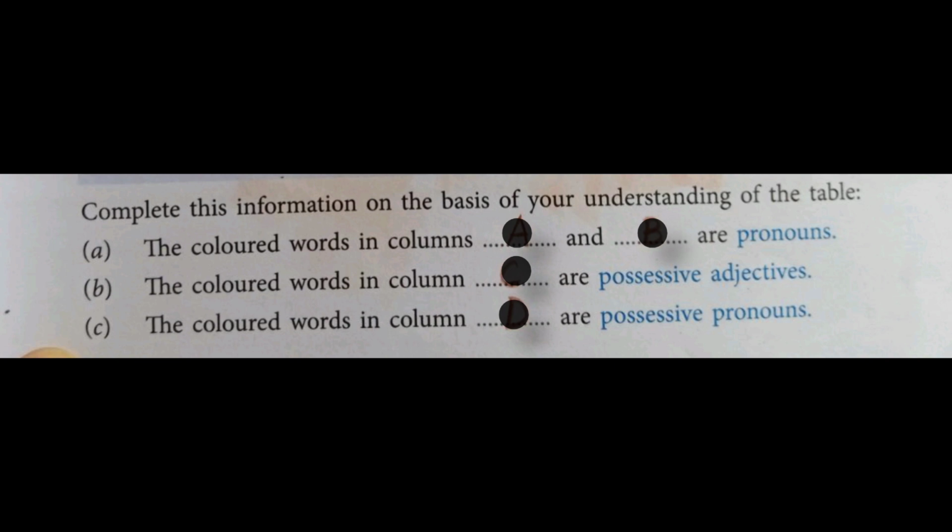So the correct answer is A and B. Similarly, we have B part. The colored words in column dash are possessive adjectives. If you are clear about the given table, then you can easily say that it was column C which is representing such words. Additionally, you have to tell in which column the colored words are possessive pronouns.